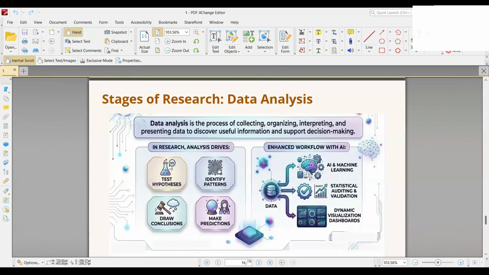We can break this down into two main parts: what our analysis drives in research, and how our workflow is enhanced when we bring AI into the loop. Let's look at the research side first.